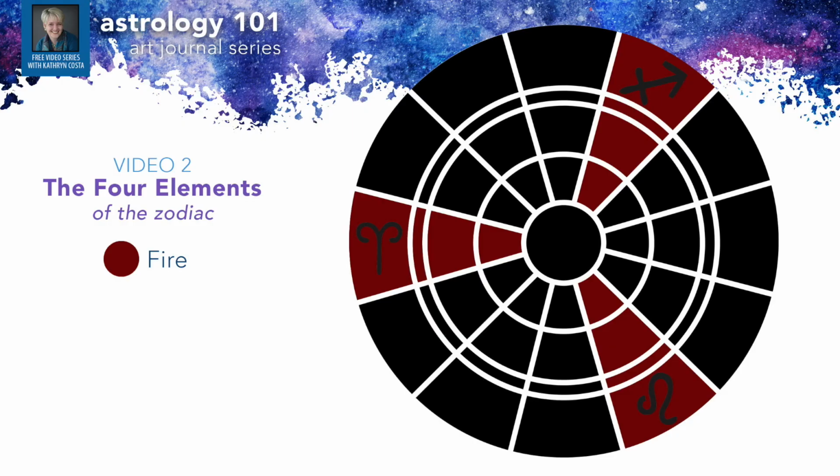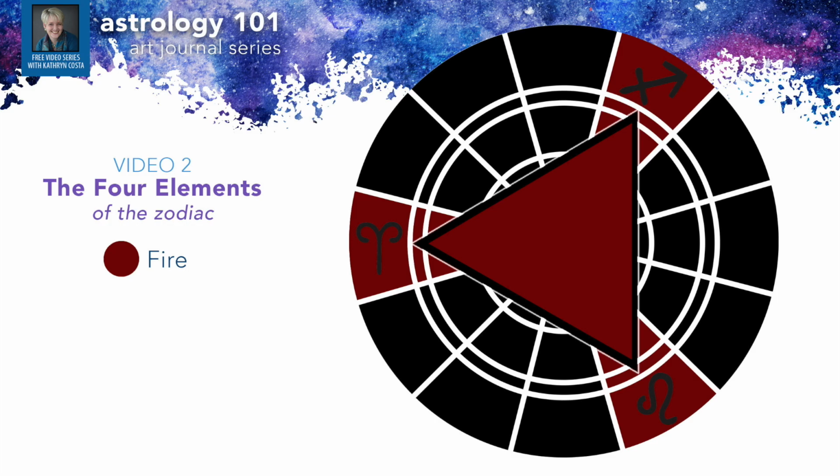or a hothead. Turning our attention back to the zodiac wheel, the three fire elements, again, are Aries, Leo, and Sagittarius. Now, if you draw a line to connect each of these signs in the wheel, you see a triangle forms. Notice the direction of that top point.